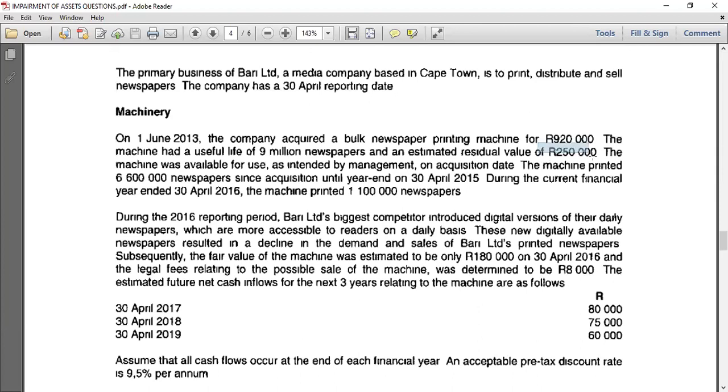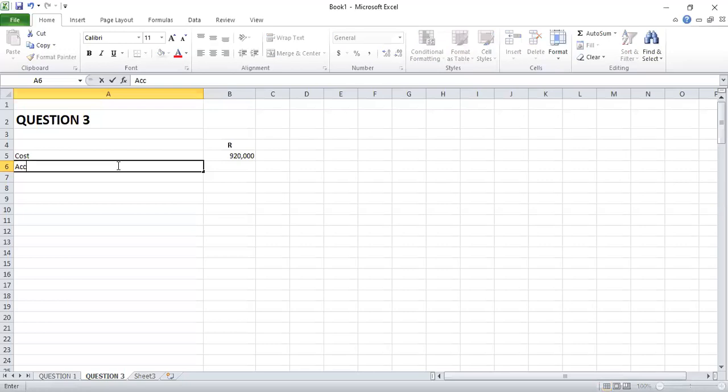We know that there's a residual value of 250,000 and a useful life of 9 million. Right. Before this year, they printed 6.6 million newspapers. So we'd say our accumulated depreciation on 30 April 2015, we'll take the newspapers that were printed up to 30 April 2015, which was 6.6 million.